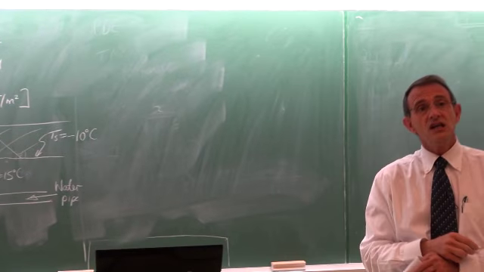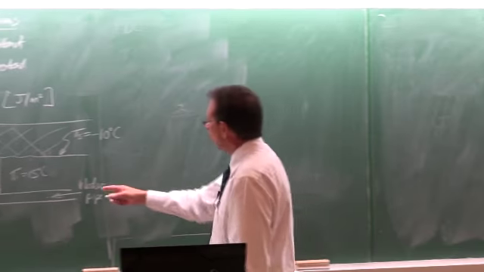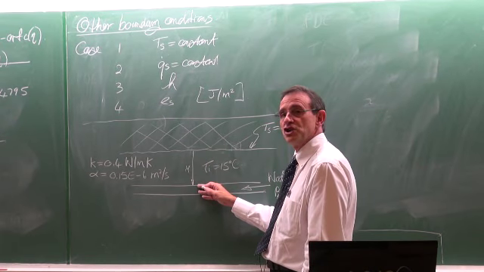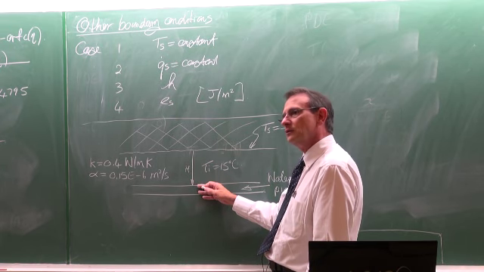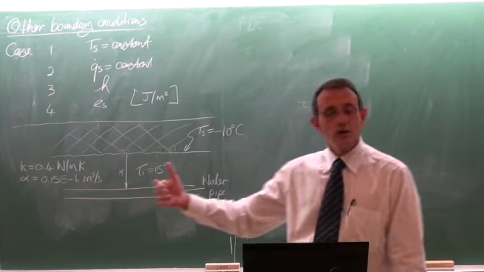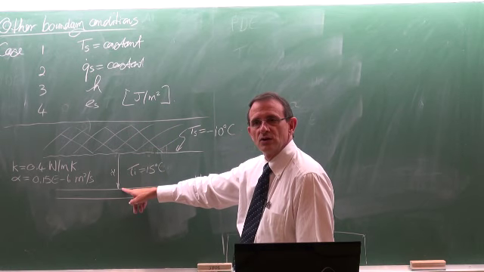So the question is, how deep must this water pipe be so that the temperature is not equal to 0? Okay. And the winter there can be 3 months. So after 3 months, the temperature there shouldn't be 0 degrees Celsius.